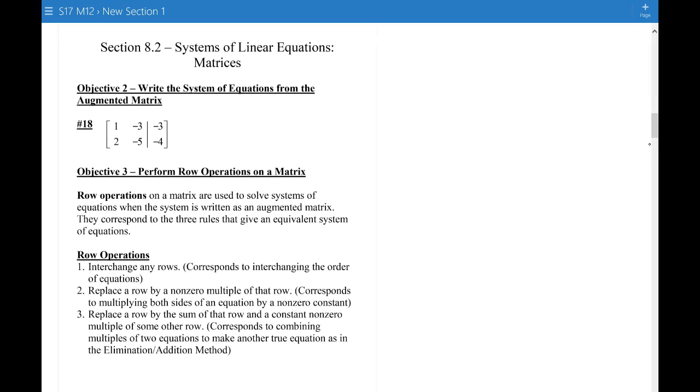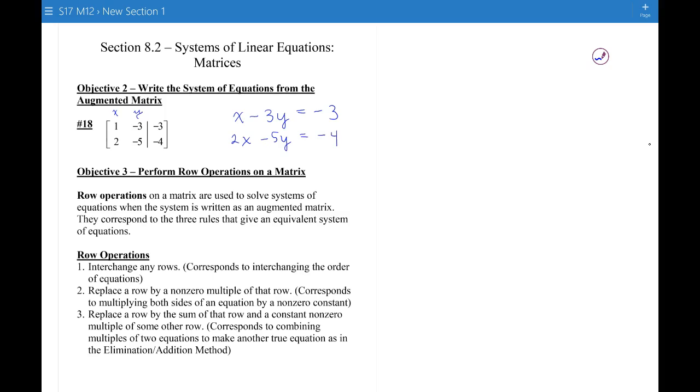Okay, so then we're going to go back the other way and make sure you can write the system of equations if you can see the matrix. So I usually remind myself, especially with bigger problems, that the first column is the x's, the second column is the y's. So I'll have x plus 3y equals -3, and 2x minus 5y equals -4.